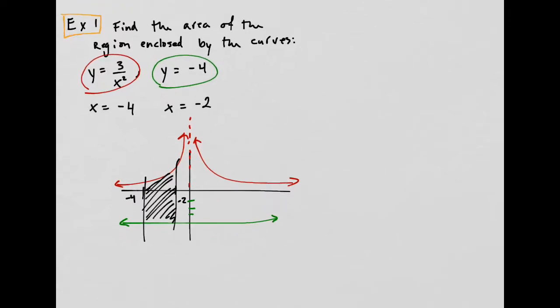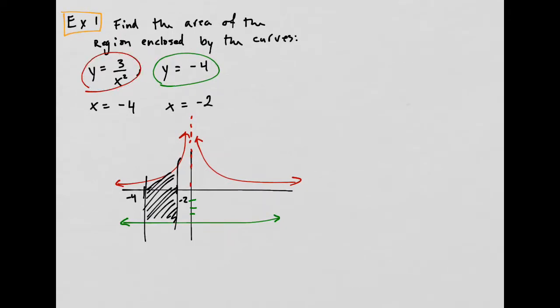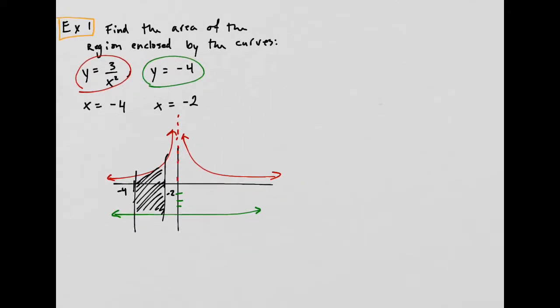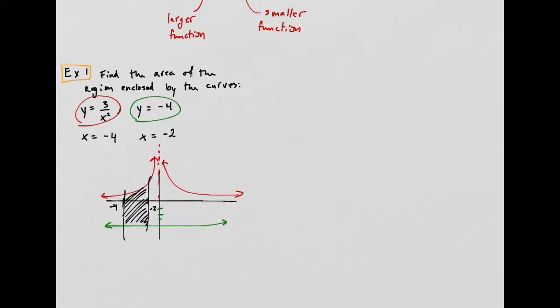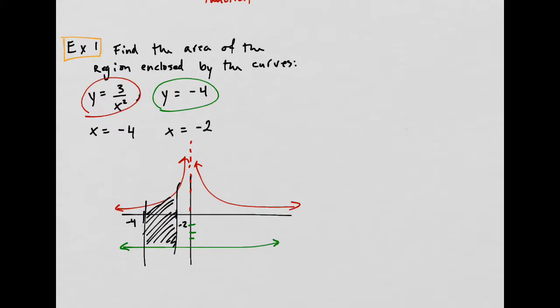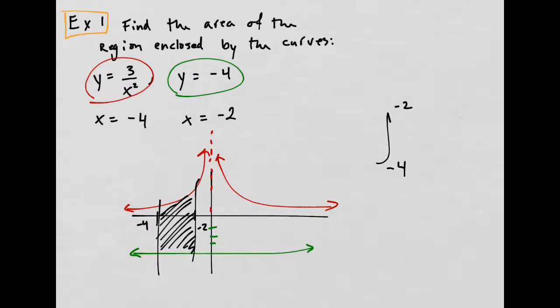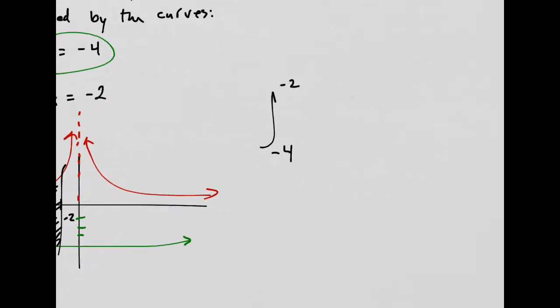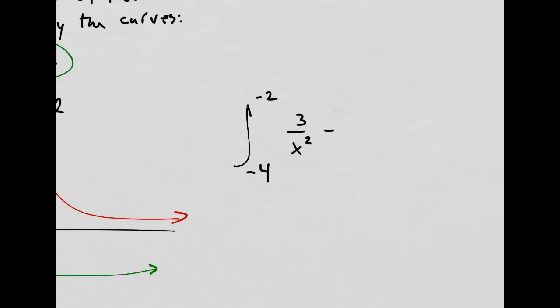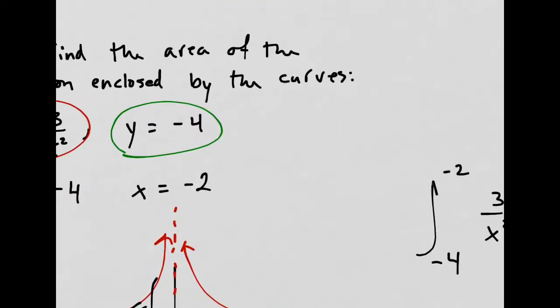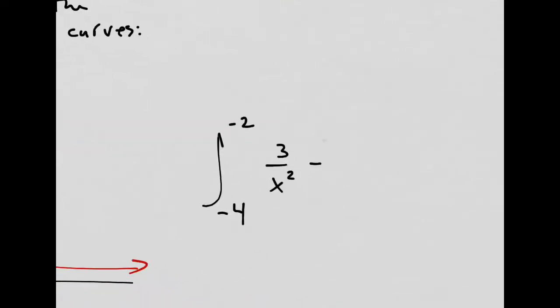So the bigger function is this one. The smaller function is y equals negative 4. So I will just use this formula. We have the integral from negative 4 to negative 2 of 3 over x squared, minus the smaller function, which is just negative 4.